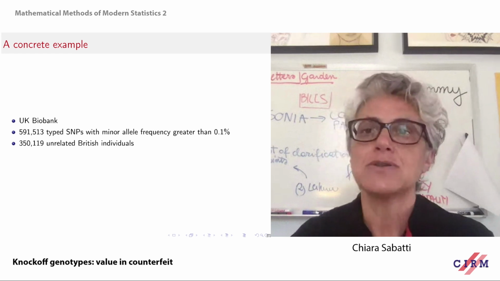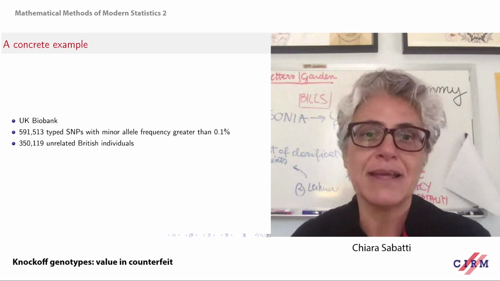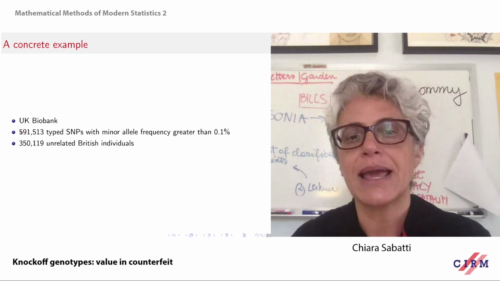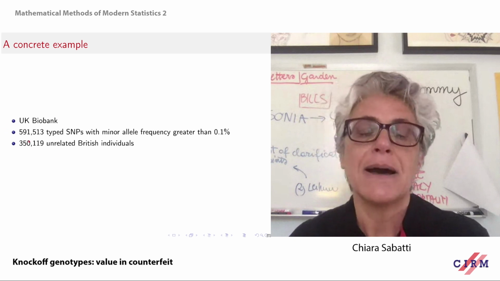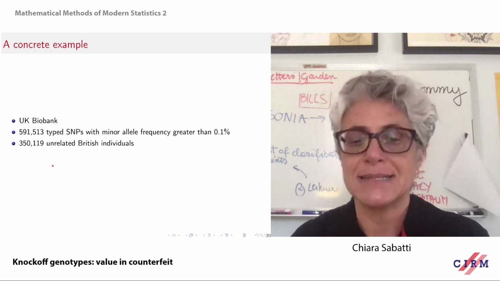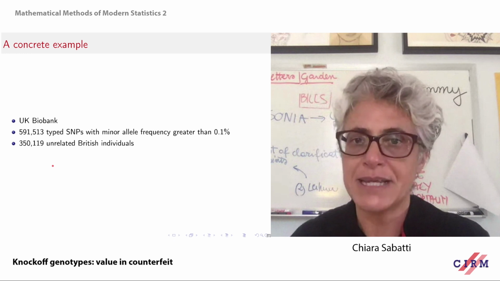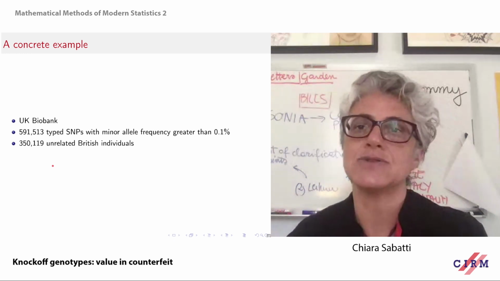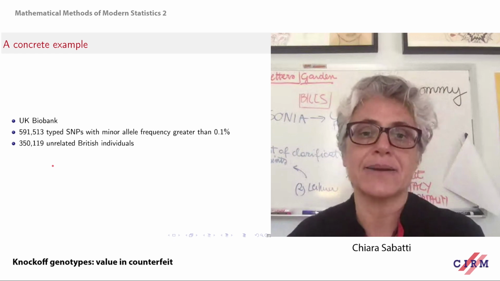The example I'm going to show you comes from the UK Biobank, which I have already mentioned to you. In this data set, we are looking at about 600,000 SNPs, and we are only looking at a subset of the individuals, the unrelated British individuals, to avoid problems related to family relatedness and to different ethnic backgrounds.